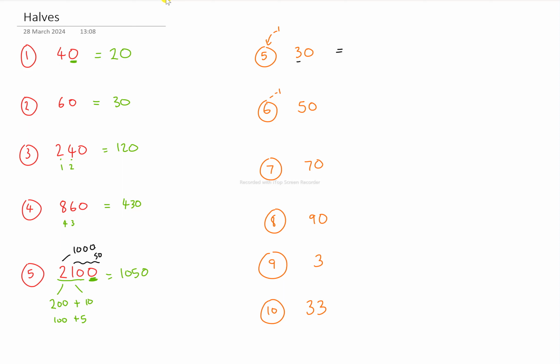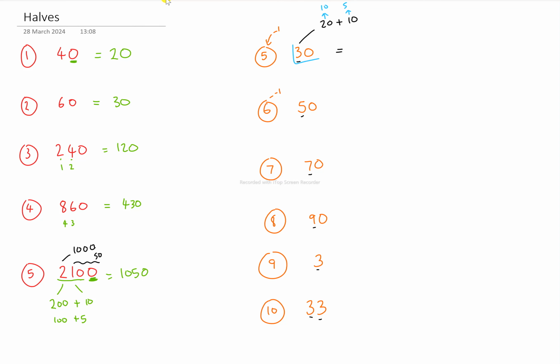Now look, these are odd, so it's a bit trickier. What you can do is split 30 up into 20 plus 10. What's half of 20? 10. What's half of 10? 5.